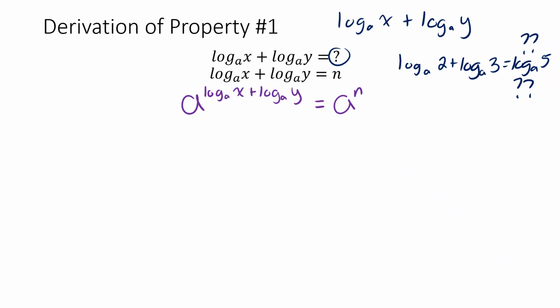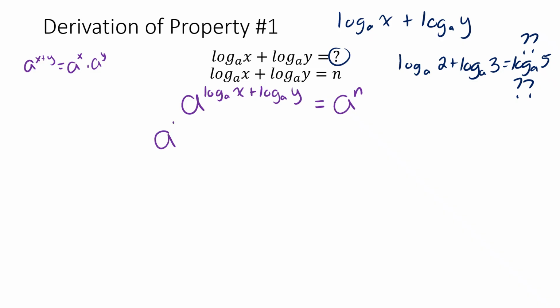Now we're going to apply the second thing, and that is this. If you have something and you're adding the exponents together, that came from multiplying like bases. Instead of an x and a y here, I actually have log base a of x and log base a of y.